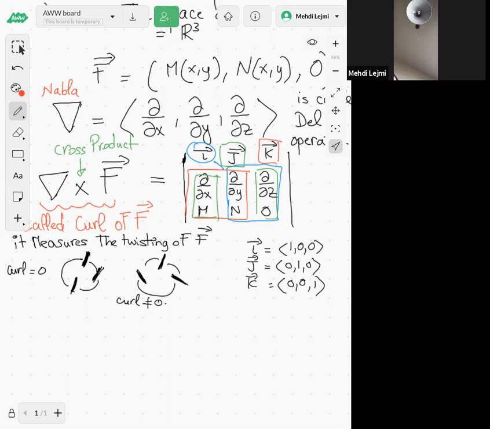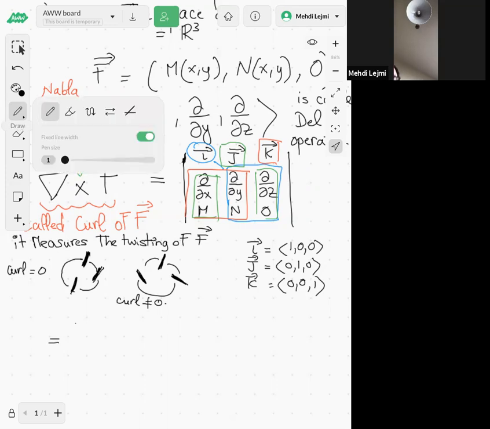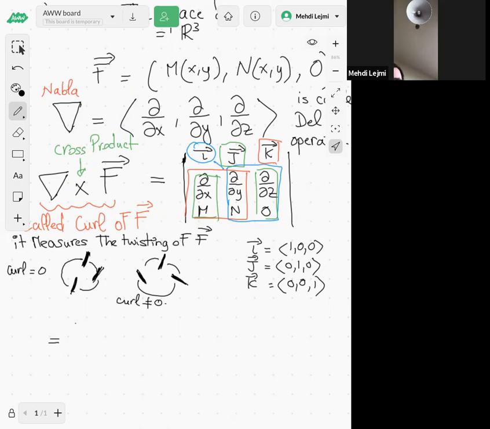Anyway, what I'm saying, guys, is that if you do this, that will be equal to, for i, you're going to have 0, and then you're going to have the derivative of n with respect to z. So this is the derivative of 0 with respect to y, of course 0.